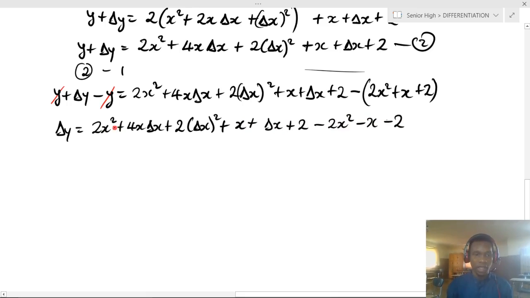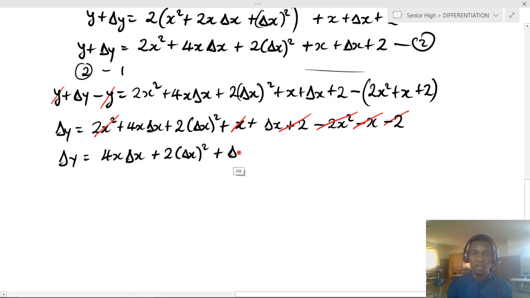So we can cancel out like terms. This cancels out this, right? What again can we see that cancels out? x minus x cancels out, and minus 2 also goes out with this. And so what is left? We have just delta y is equal to 4x delta x plus 2 bracket delta x squared plus delta x, and that's it.